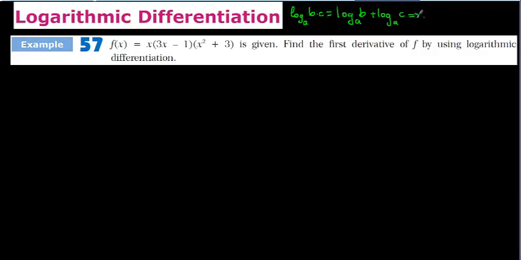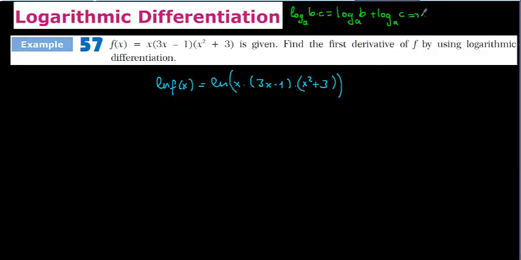If we apply this to ln, because we are going to use the ln form here, it is going to be like this: ln f(x) is equal to the ln of this expression, ln of x times (3x minus 1) times (x squared plus 3), which I write in big parentheses.